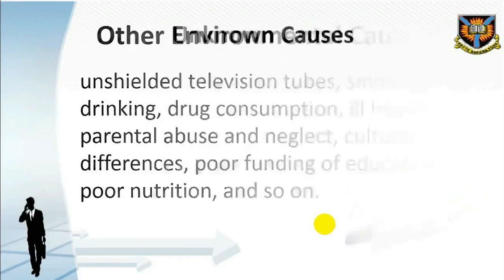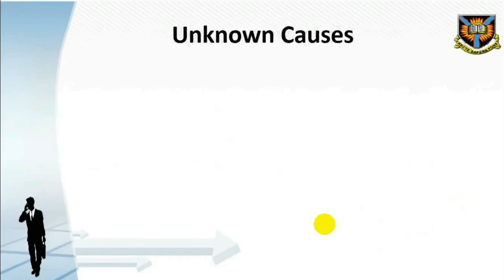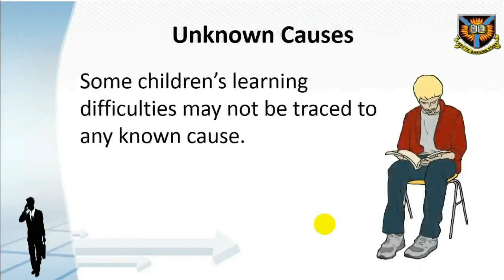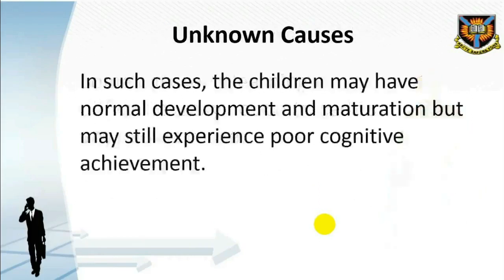6. Unknown causes. Some children's learning difficulties may not be traced to any known cause. In such cases, the children may have a normal development and maturation, but may still experience poor cognitive achievement.